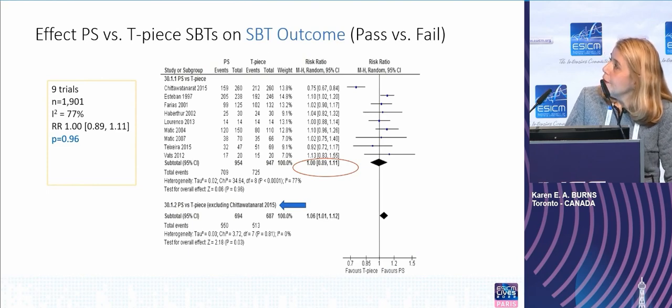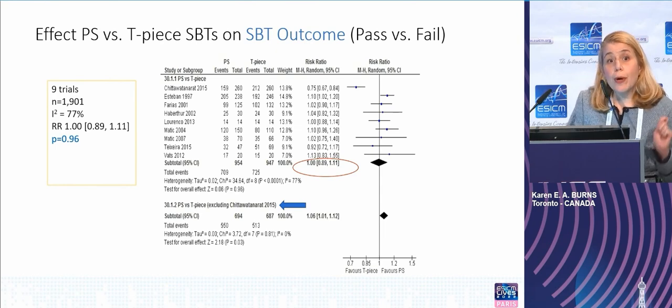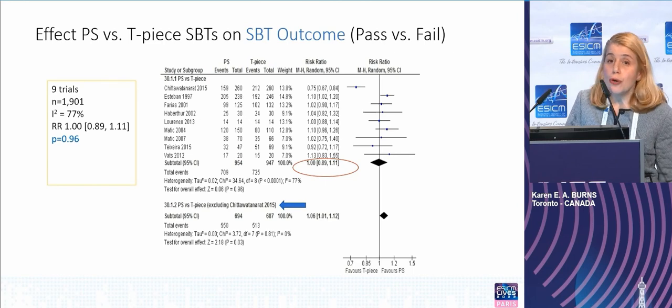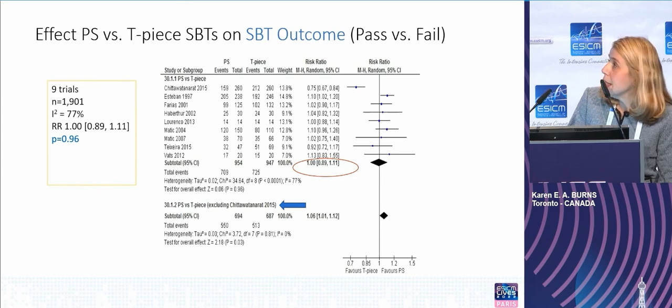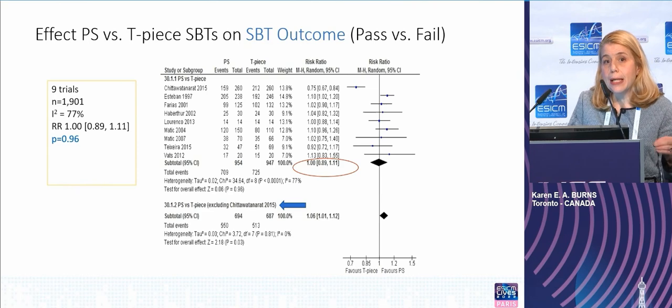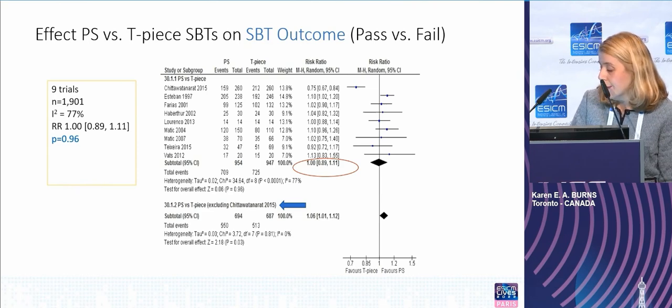So what about the effect of pressure support versus T-piece on SBT outcomes, so whether patients pass or fail the SBT? Well, we found no significant difference in 9 of these 11 trials that compared pressure support to T-piece SBTs, so non-significant in terms of the SBT outcome, whether they pass or fail.